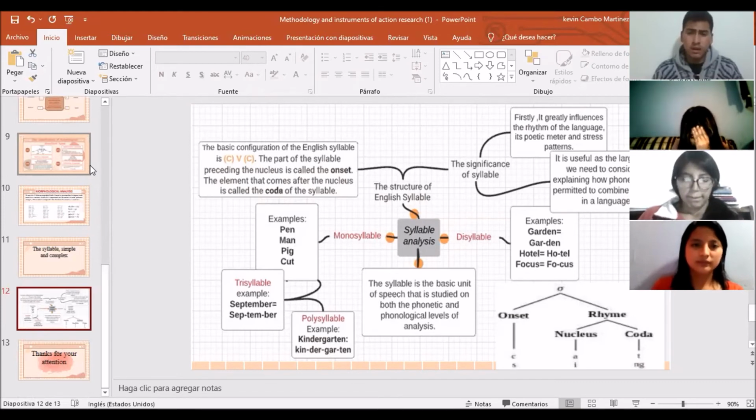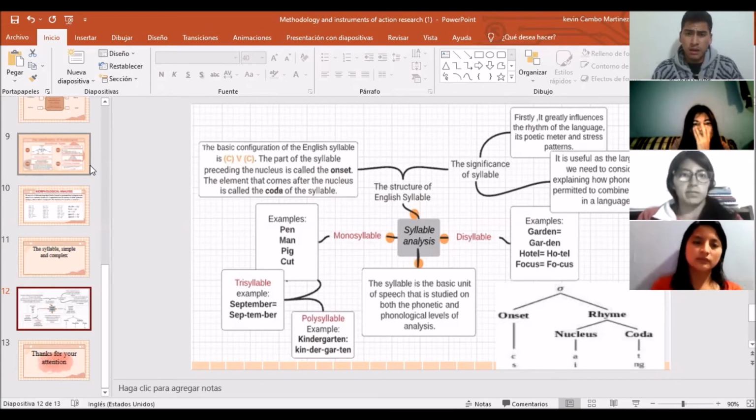Syllable analysis is divided in two. The structure of English syllables. The basic configuration of the English syllable is C V C. The part of the syllable preceding the nucleus is called the onset. The element that comes after the nucleus is called the coda of the syllable.